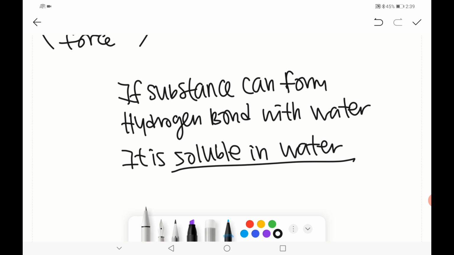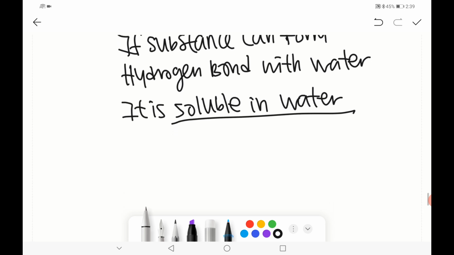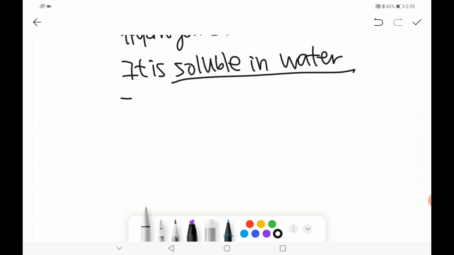If we have a chemical substance that has H and FON, it is capable of forming hydrogen bond. You can form hydrogen bond not only with yourself, but with water as well, because water also has H and FON. So if the substance can form hydrogen bond with water, it is soluble. Let me run through one or two examples.